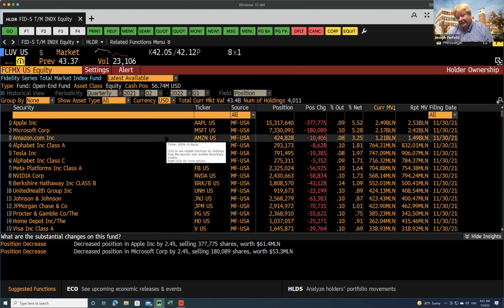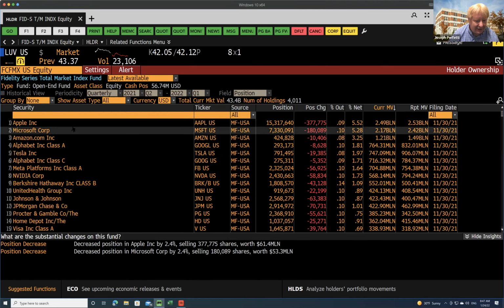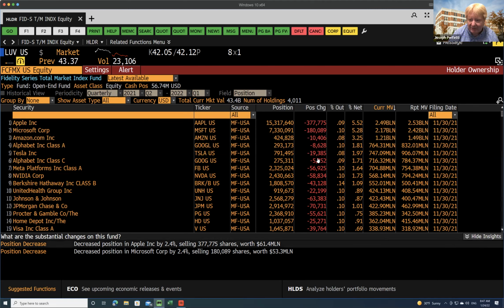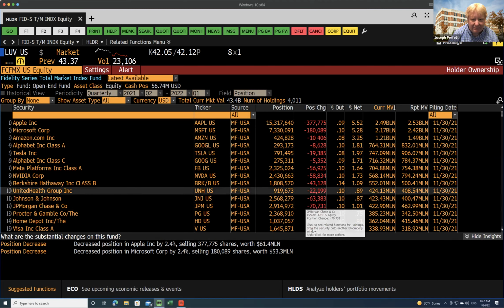So another nice feature of Bloomberg is that you don't have to be Warren Buffett. You can actually look and see what Warren Buffett is doing and follow along, or any other mutual fund or ETF. So this fund by Getty Capital Management has all these positions in it, okay?